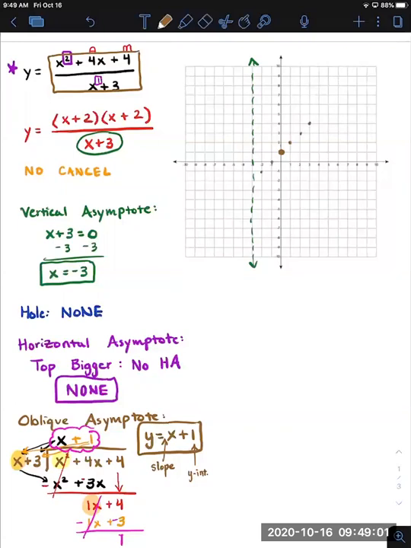And I'm going to change that into a dashed line because it's an asymptote. So that's my slant or my oblique asymptote.